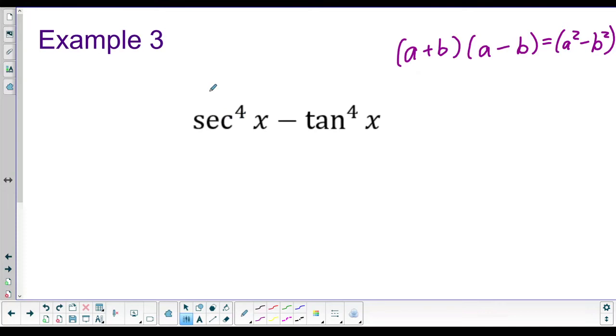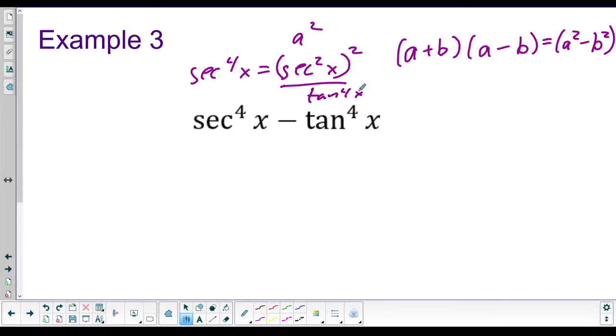Do you recognize secant to the fourth x as secant squared x squared? Okay. This is A squared. Tangent to the fourth x equals tangent squared x squared. This is B.